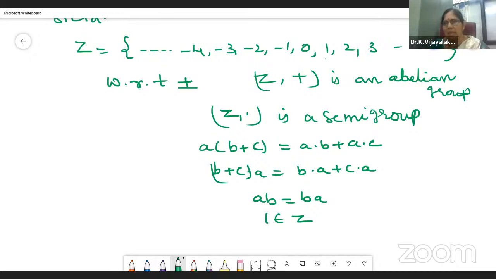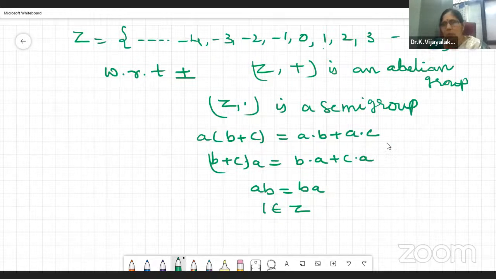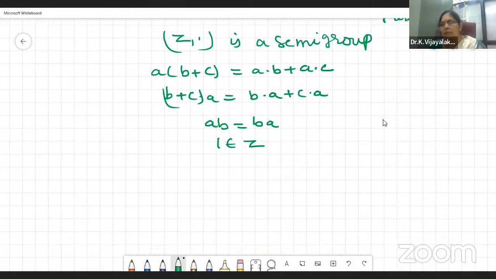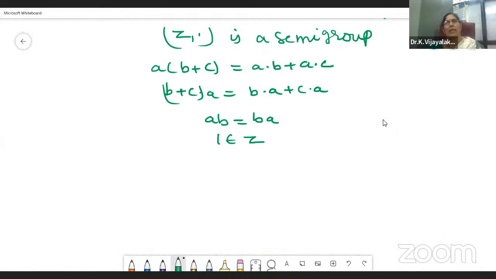That is, for every A belongs to Z, there is no 1 by A such that A into 1 by A is 1. So Z is not a field. Every field is an integral domain, but an integral domain need not be a field. Z is the example of an integral domain which is not a field.